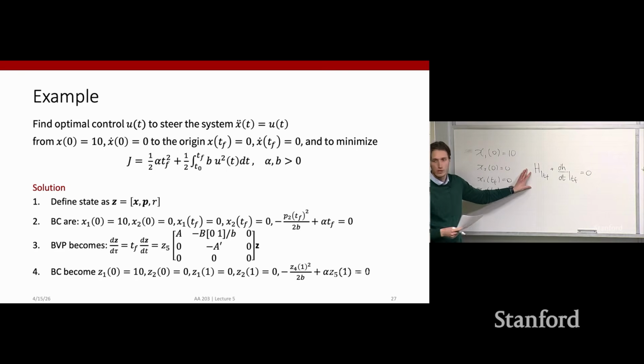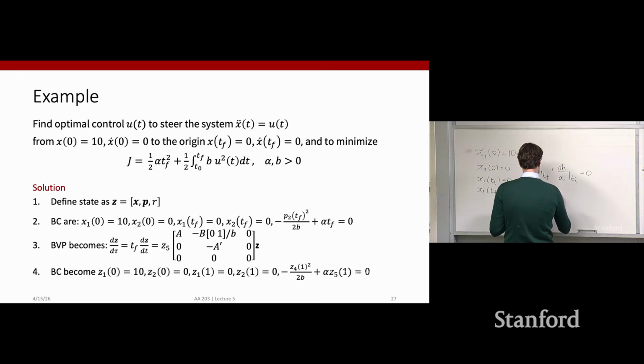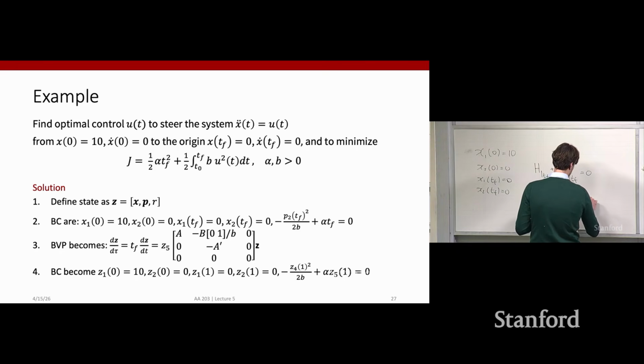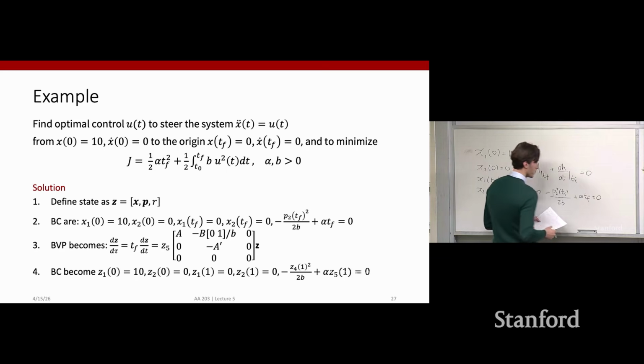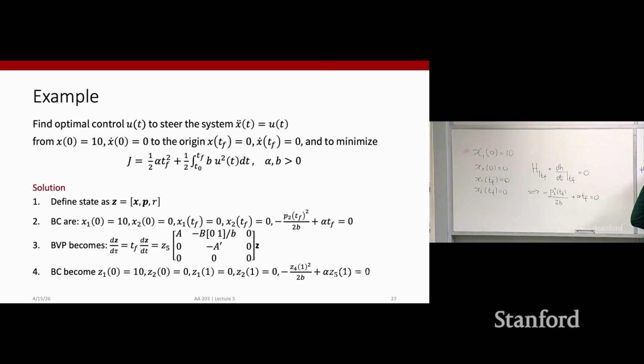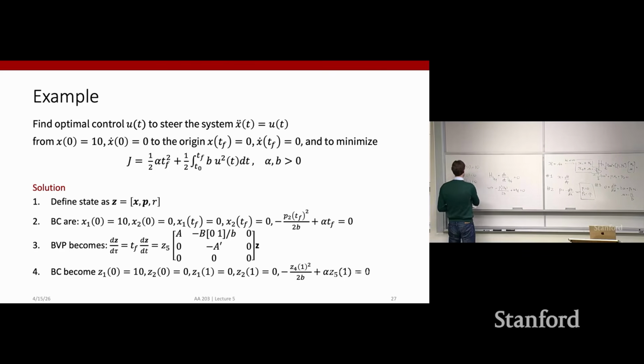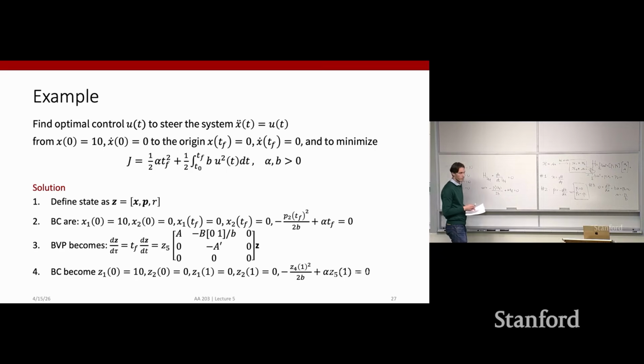Now, I won't go through the derivation of these terms because we did this already, but the result is the last boundary condition, which boils down to minus P2 squared at tf over 2B plus alpha has to be equal to 0. Right, and so here we have our system of differential equations, and here are our boundary conditions.